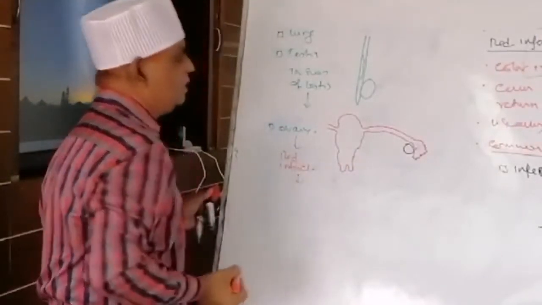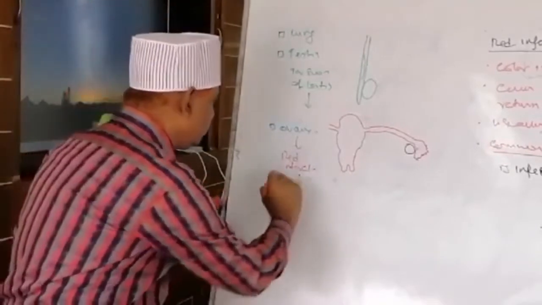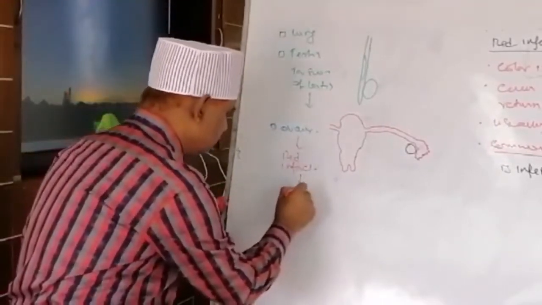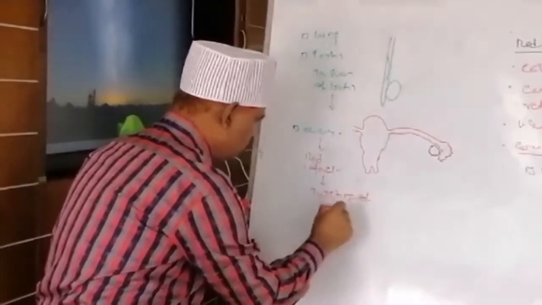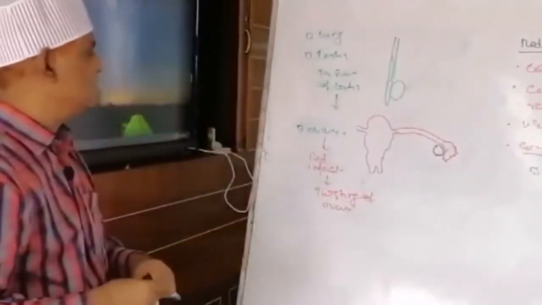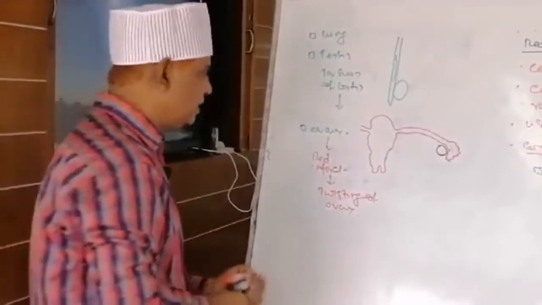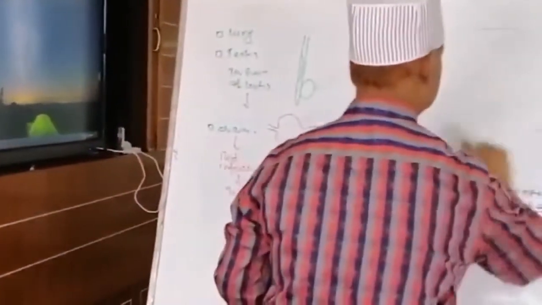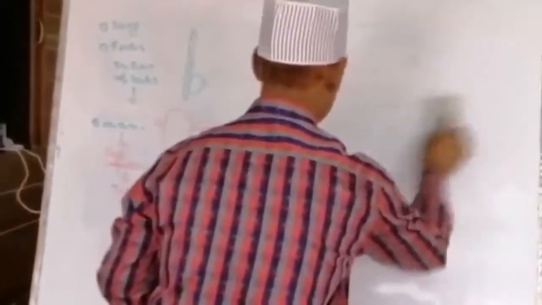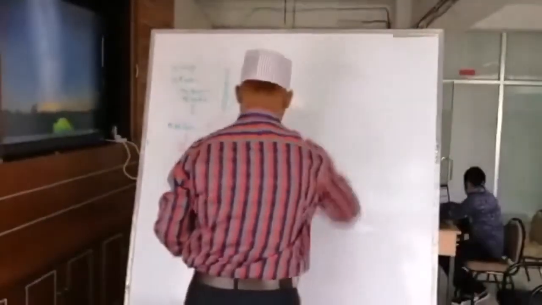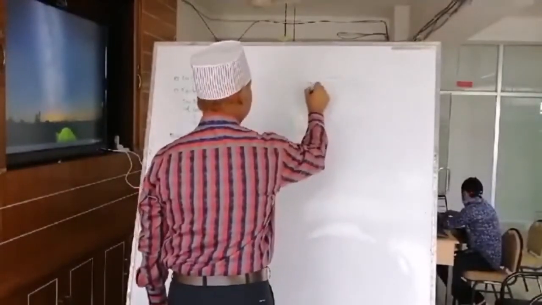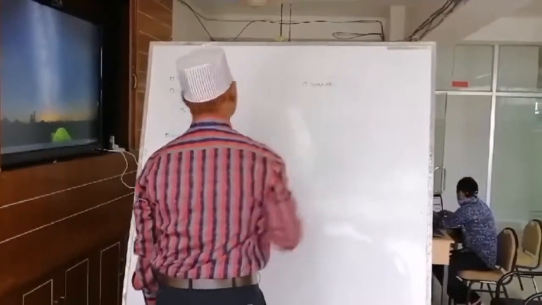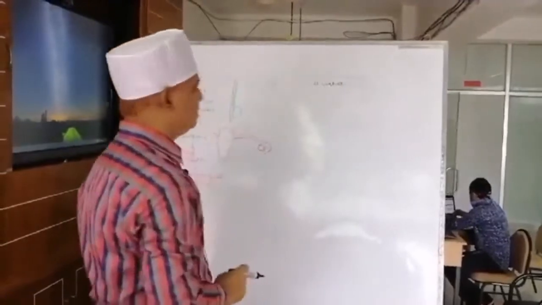So twisting of the ovary is associated with red infarct in the ovary. Another site is vulva. So these are the common sites of red infarct.